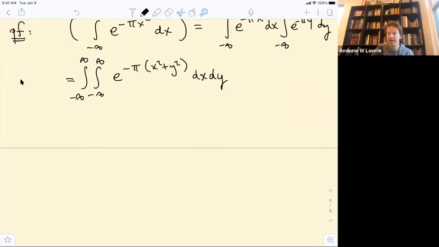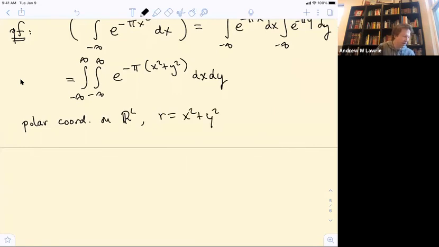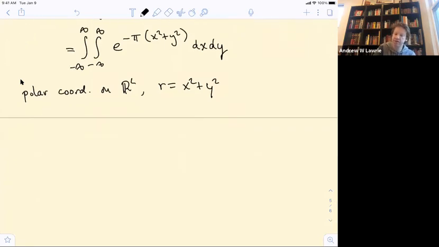I remember from my calculus class that it's convenient to evaluate such integrals using polar coordinates on R2. r squared is x squared plus y squared, and theta is the angular variable. So x equals r cosine theta, y equals r sine theta.